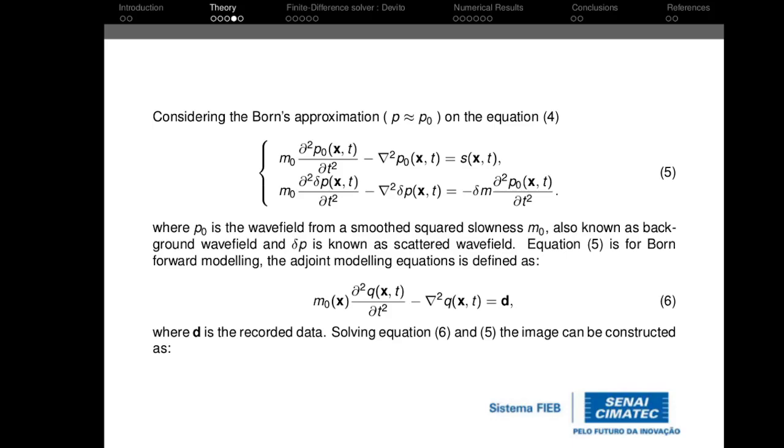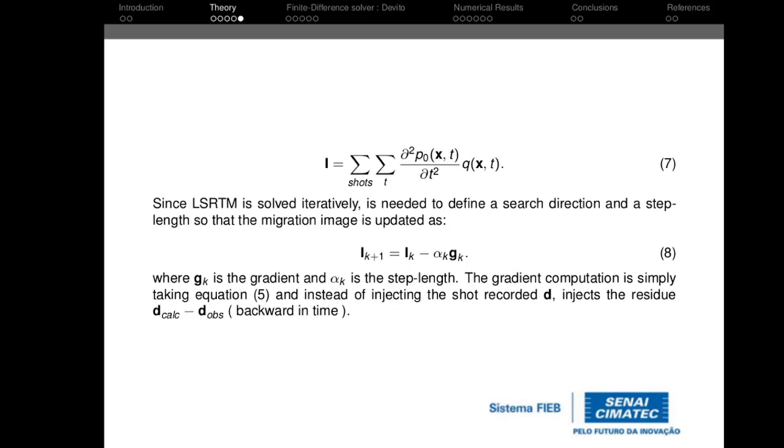Alright, so this is the forward modeling, but I have to back propagate the energy from the receivers, which is represented by equation 6, and then I can correlate them as I showed on the image. And if I correlate them, I will generate the migration.